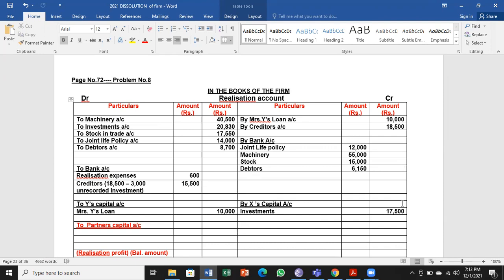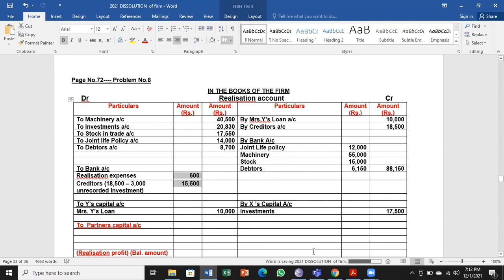So 12,000 plus 55,000 plus 15,000 plus 6,150, 88,150 total assets realized. Similarly, we have to total the liabilities and expenses paid.